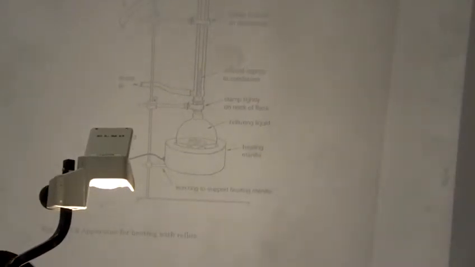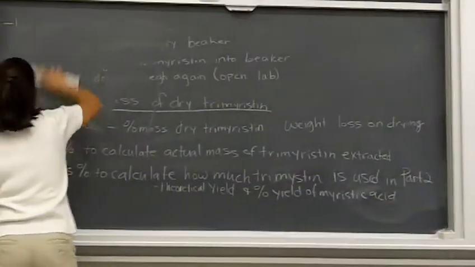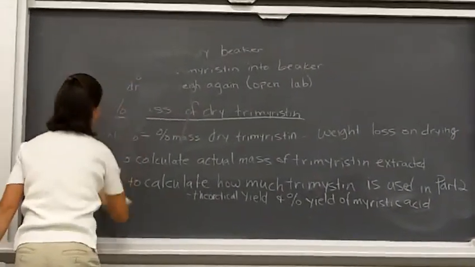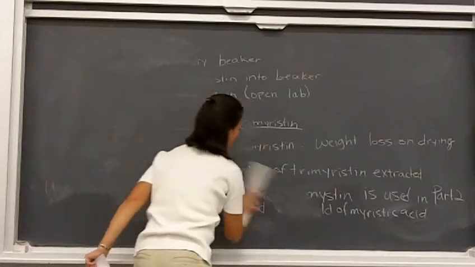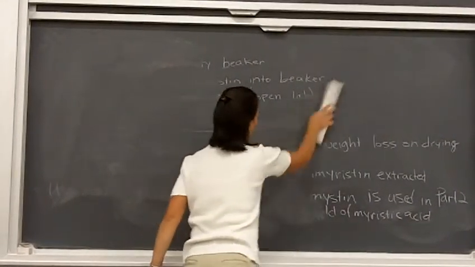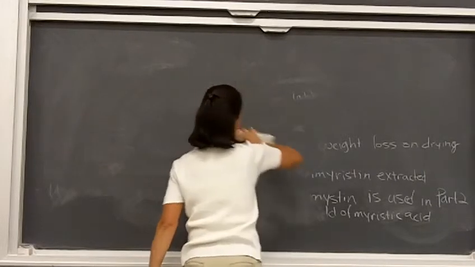Okay, a couple more things real quick before we go that you're going to need to know for your identification, okay? So you are going to have two things that you need to look at for this experiment. You've got a whole lot of calculations that I went through, and then you have two products that you need to identify and characterize, okay?